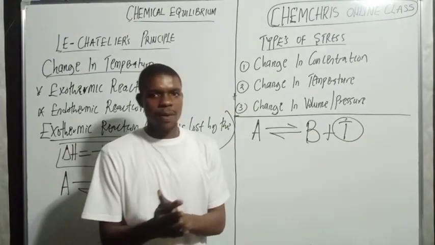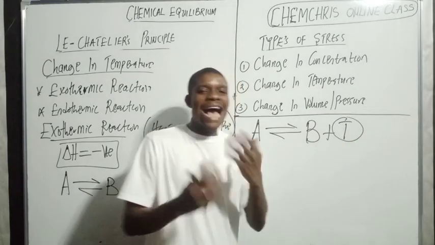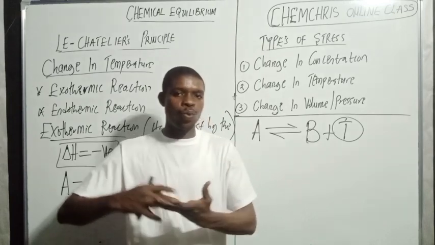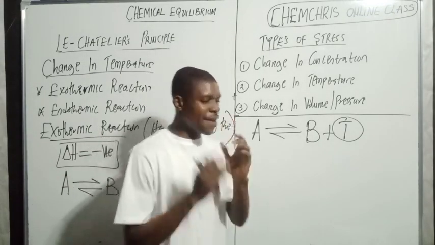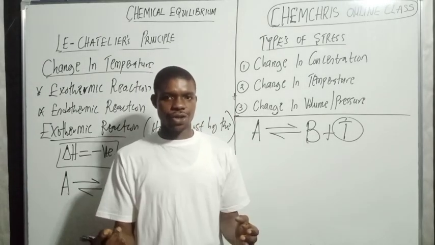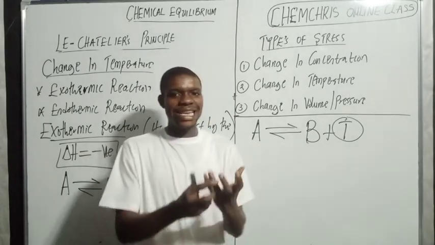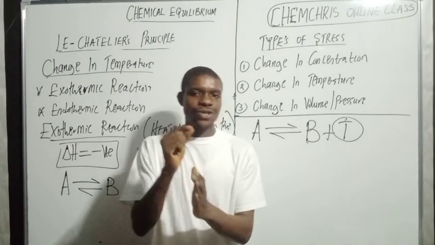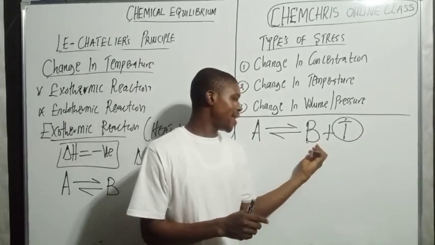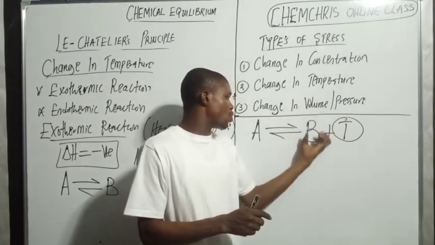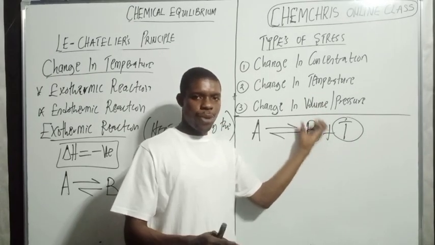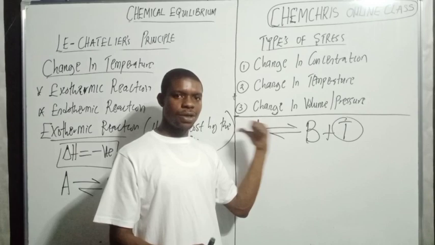So the question is this: if temperature is on the product side, how does it relate to change when you reduce or increase it? Imagine temperature is just like a concentration. An increase in concentration of one side will cause the reaction to move to the opposite side. So if you increase the concentration of B, the product, it will shift to the reactant side.